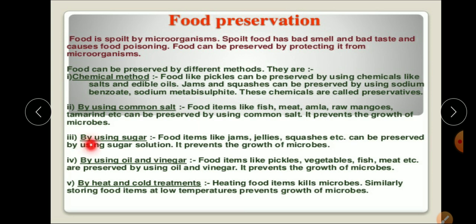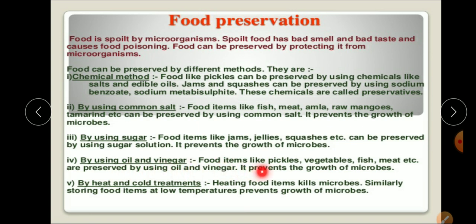Third one is by using sugar. Food items like jams, jellies, squashes, etc. can be preserved by using sugar solution. It prevents the growth of microbes. Then, by using oil and vinegar.